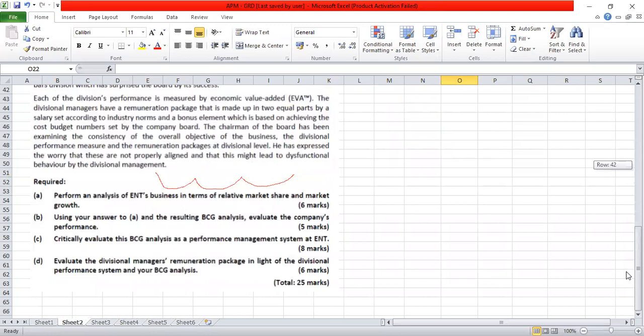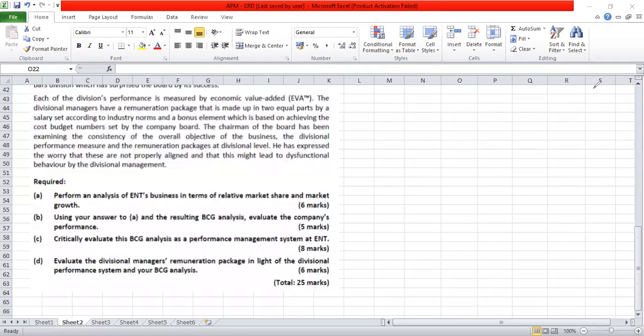We are asked to see the first bit says that performance and analysis of ENT's business in terms of relative market share and market growth. The logic of the calculation is the same, but because there are 4 years and four divisions, it was time consuming. But then we can do it quickly.